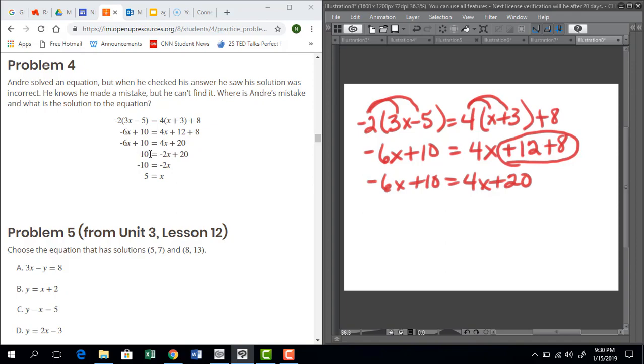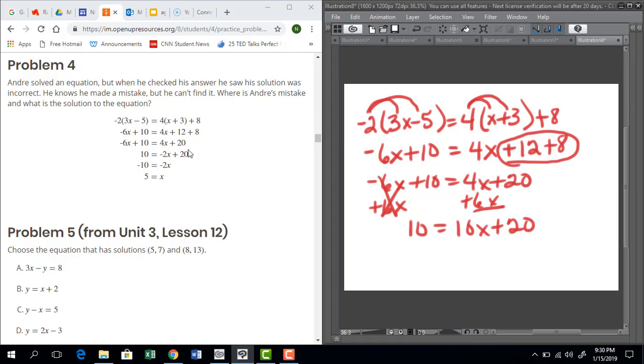So then the next step, it looks like they took the negative 6x and moved it over. So this says negative 6x, so I'm going to add 6x to move it. And that's going to disappear. And up here on the other side, I'm going to have 10 is equal to 10x plus 20.